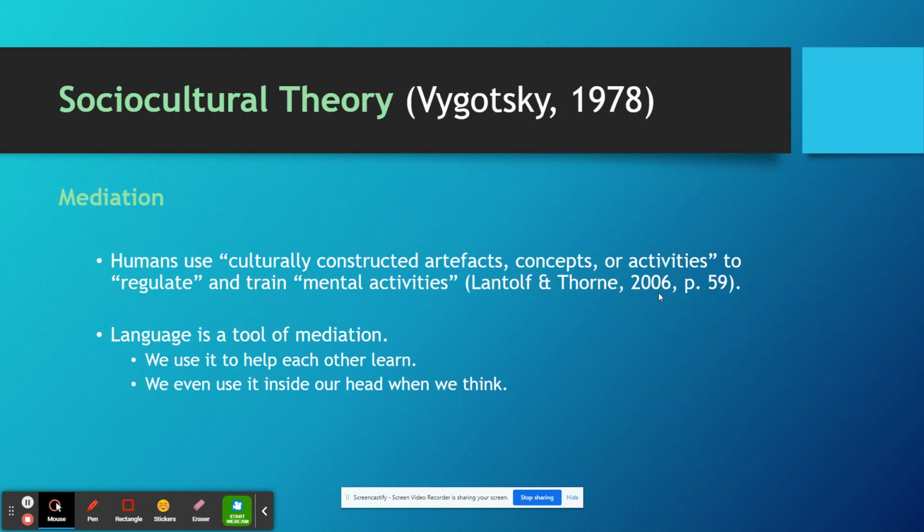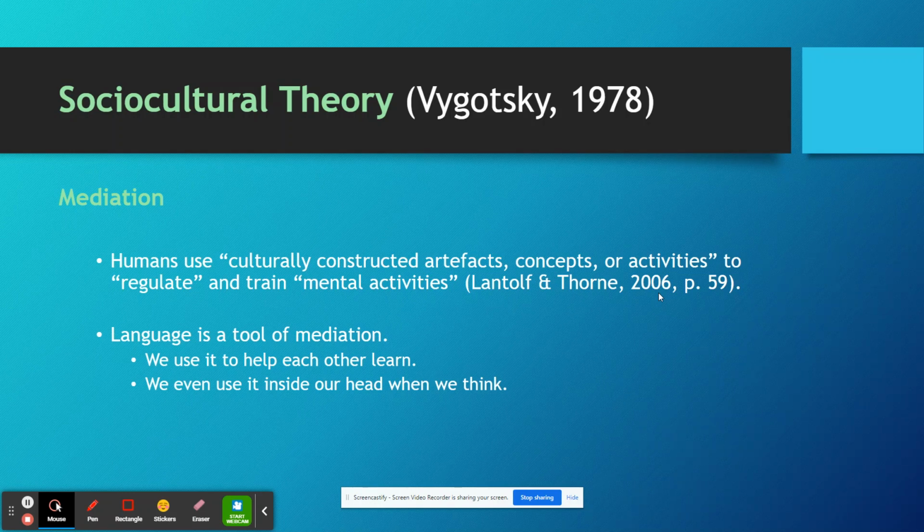In fact, he would argue that it is the most important tool of all for mediation because not only do we use it to help each other learn, but we even use it inside of our head when we think. And he called this inner speech. I find it relates to the idea of rehearsal and information processing. You know, they would argue that you run it over in your head, you think it through in your head, and that you're often talking it through in your head to yourself.